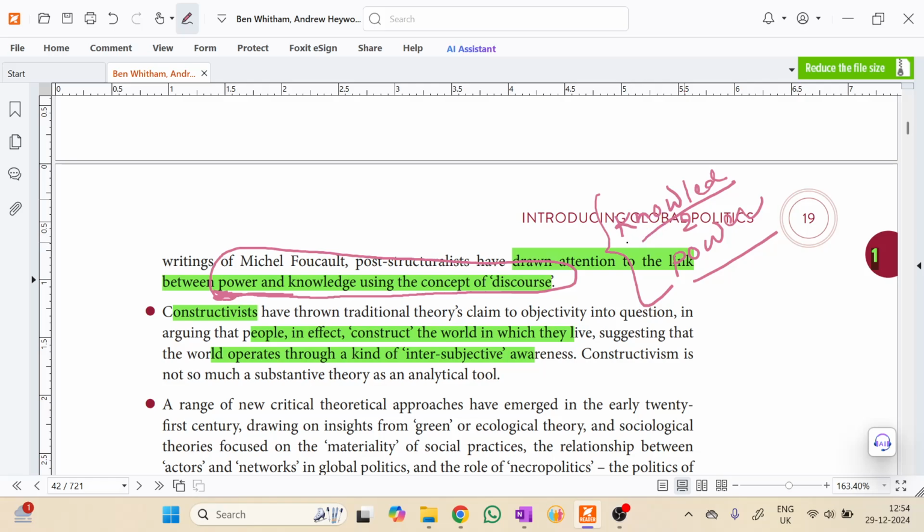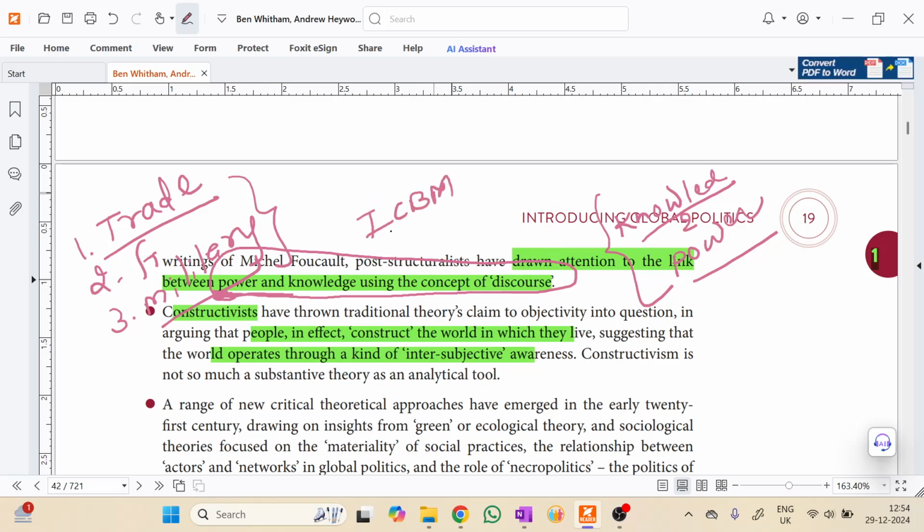It's just like upgradation, and sometimes it may take the form of trade power, financial power, even military power, such as if India has developed an ICBM, an intercontinental ballistic missile, which can fire up to 10,000 kilometers.